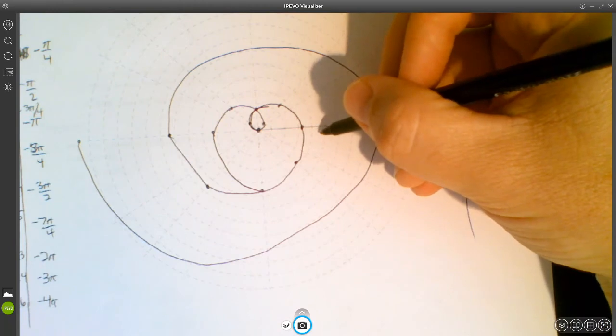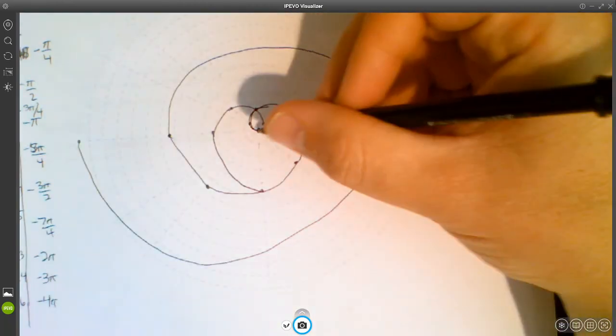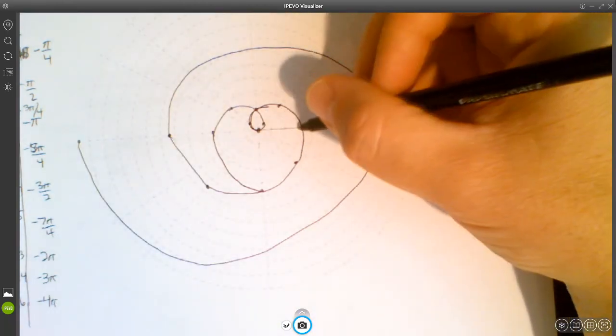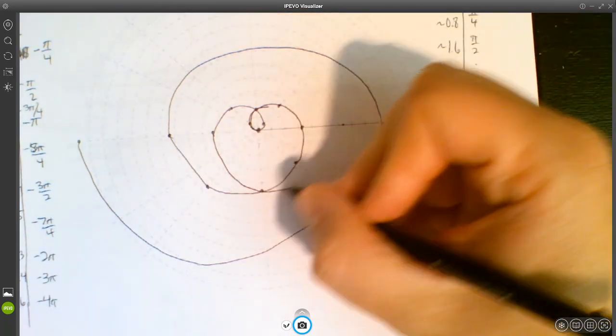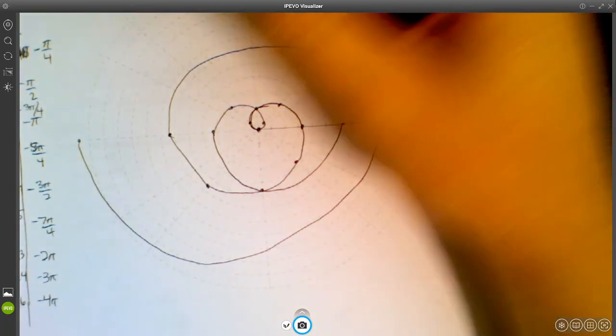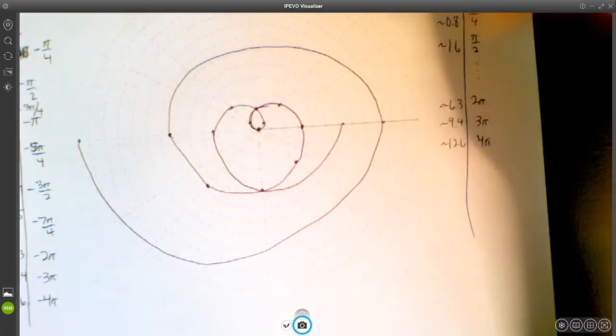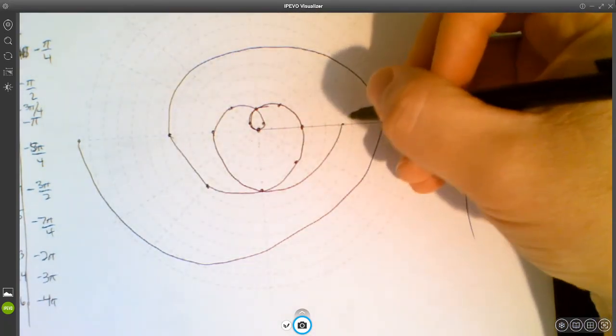At 2 pi, it's going to be at 6.3, right about there. And then it's going to keep doing this, right?